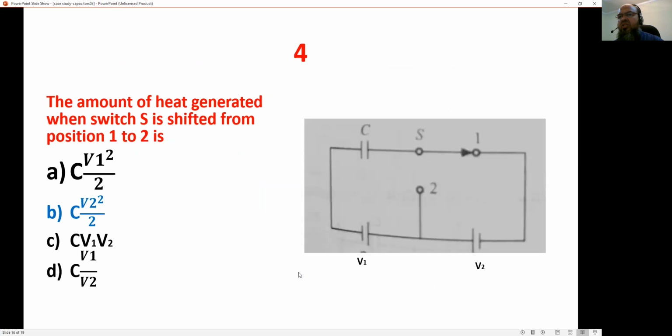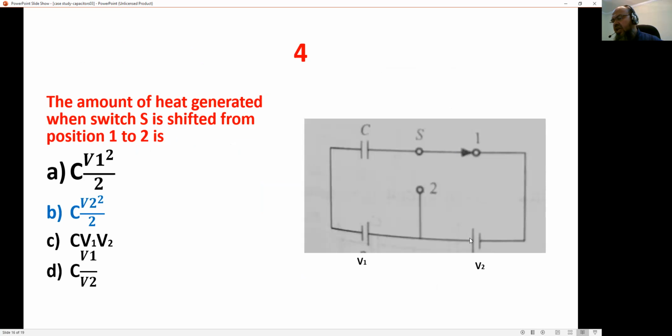Now the fourth question is that the amount of heat generated when switch S is shifted from position 1 to 2. When it is in position 1, what do you find, students? That both the batteries are there and both the batteries are in opposition to each other. I mean V1 and V2, positive is connected with positive.